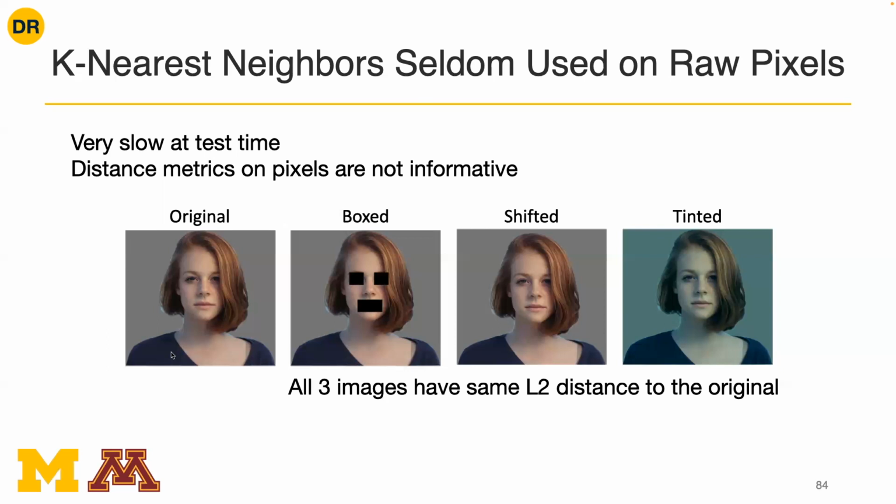So from the k-nearest neighbor standpoint, you can even remove portions of a human's face and it would still be just as similar as just a shifted version of the image in color space. So once again, this is an issue with k-nearest neighbors of trying to deal with that semantic gap from low level to high level.